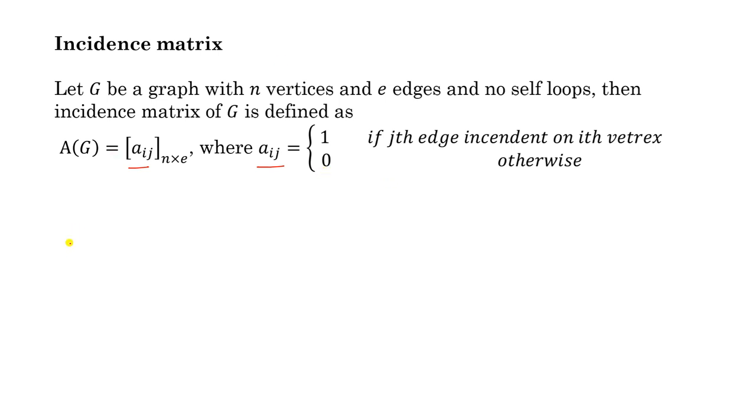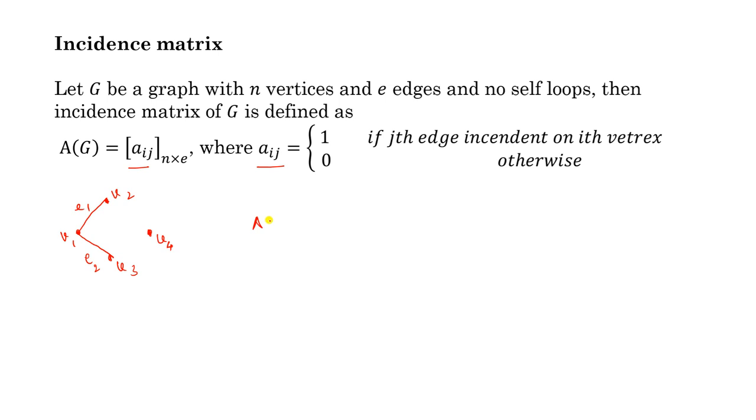Now let us have one example. I draw a simple example. Say this is V1, this is V2, this is V3, and this is V4. Now suppose this is E1 and this is E2. Take only two edges.